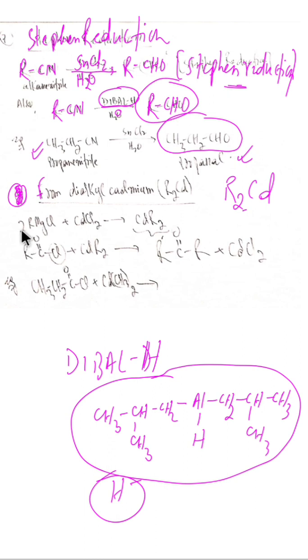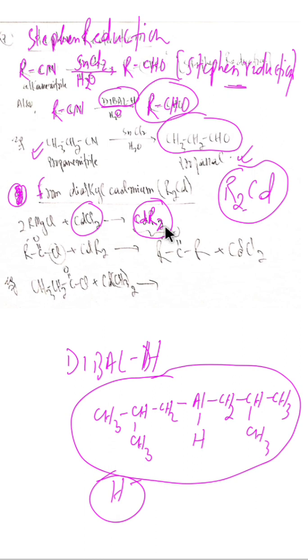In the first step, we prepare this dialkyl cadmium by reacting Grignard reagent with cadmium chloride. When cadmium chloride is reacted with Grignard reagent, the chlorine will be replaced by alkyl group. So this is our dialkyl cadmium.